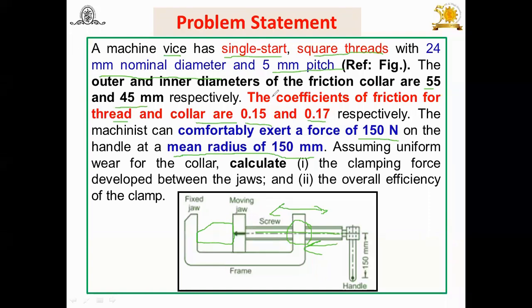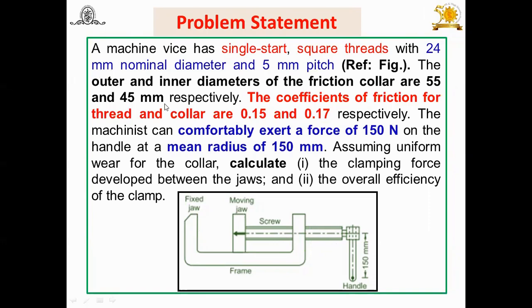Again, an interesting thing in design: always read the problem statement carefully. You can take 1 minute. So what is given? The machine vice has a single start thread, the form of thread is square, nominal diameter D is equal to 24 mm, pitch P is equal to 5 mm. Then outer and inner diameters for the friction collar are given, that is capital D o and capital D i, outer 55 and inner 45.